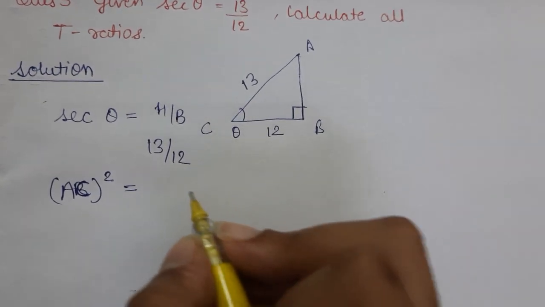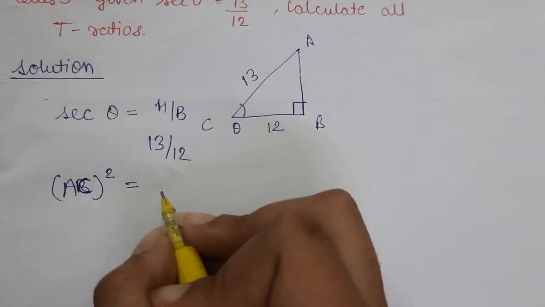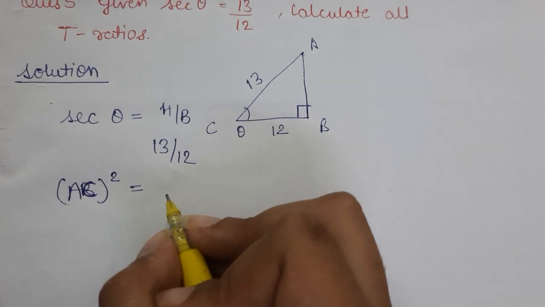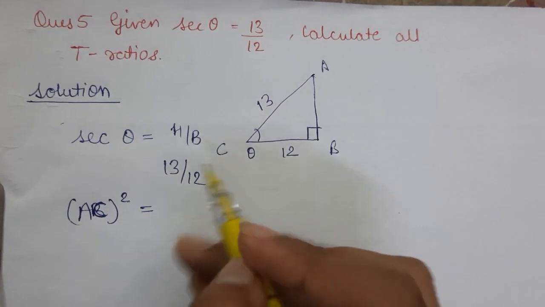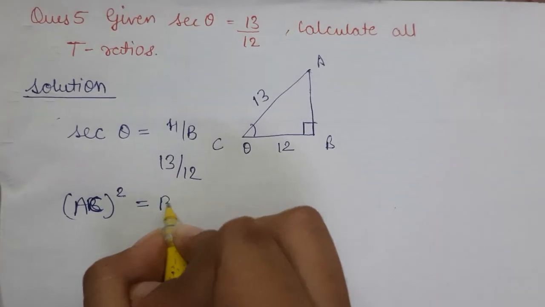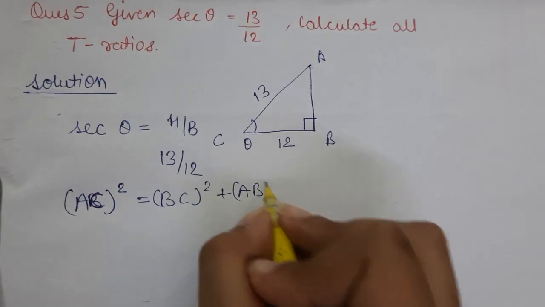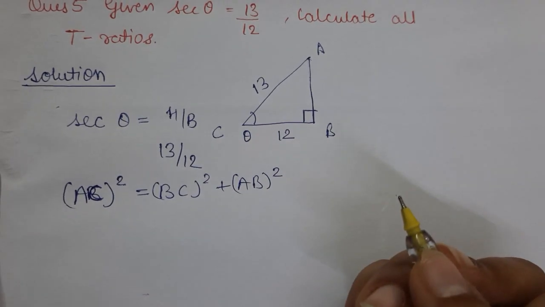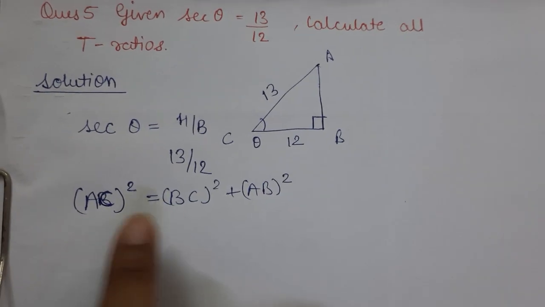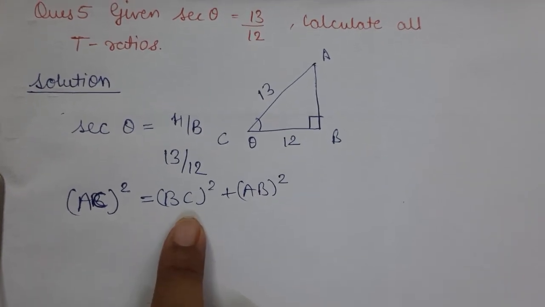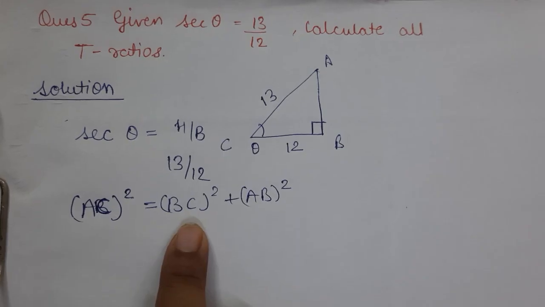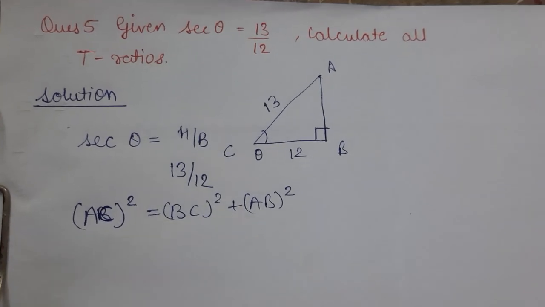These first 5 questions of this exercise are very similar. AC square equals BC whole square plus AB whole square.